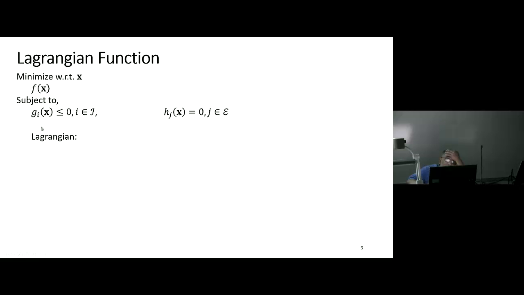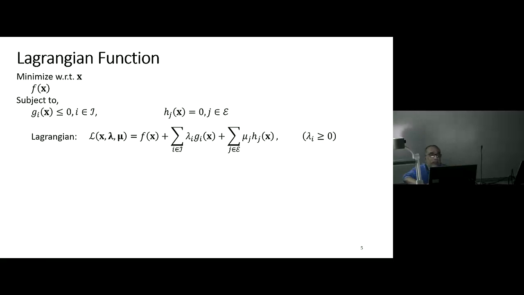The Lagrangian we've seen is equal to this. L of x, lambda, mu equals the objective function plus summation lambda i g i of x. Lambdas are the dual variables for the inequality constraints, and then plus summation mu j h j.